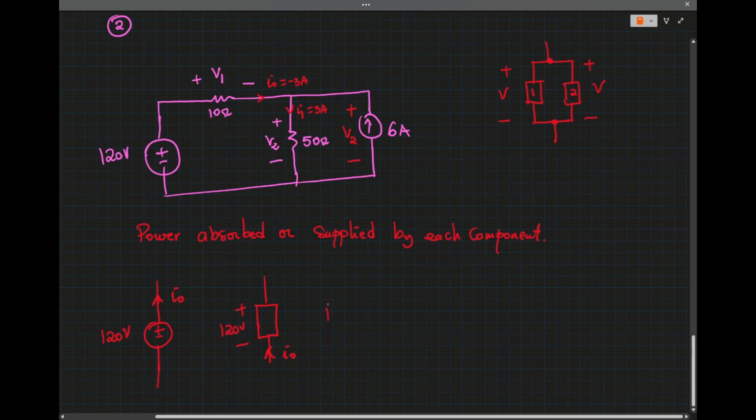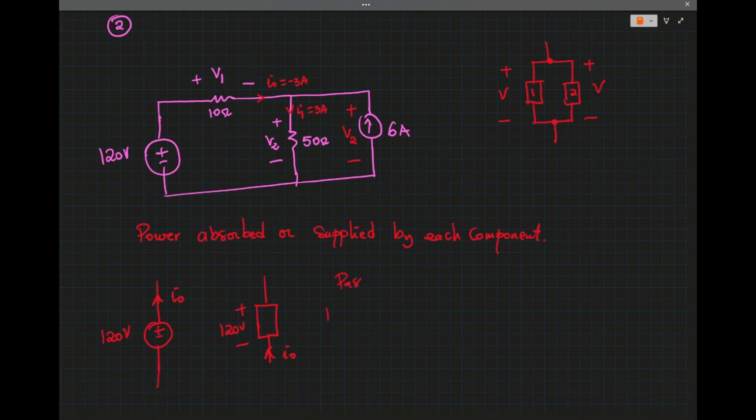So passive sign convention, okay, so P of the 120 volt source: the current is flowing from minus to plus, so negative 120 times I0.